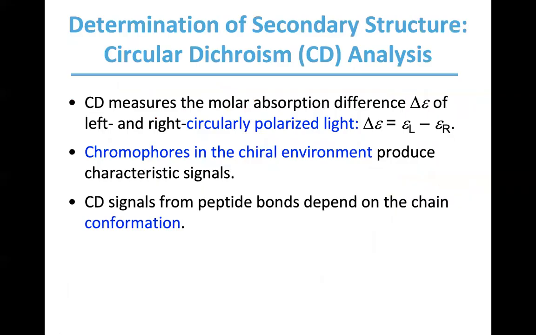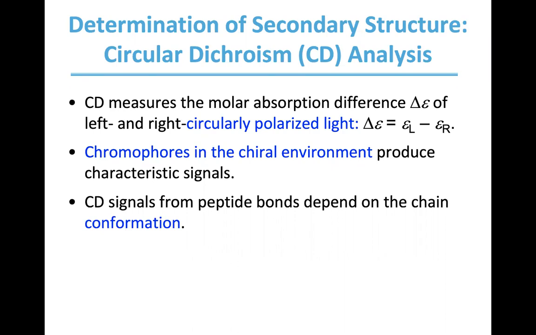Configuration. Now, something very quickly, there are various ways to determine protein tertiary structure or segments of secondary structure. So maybe on Monday we'll talk about X-ray, we'll talk about NMR, nuclear magnetic resonance.